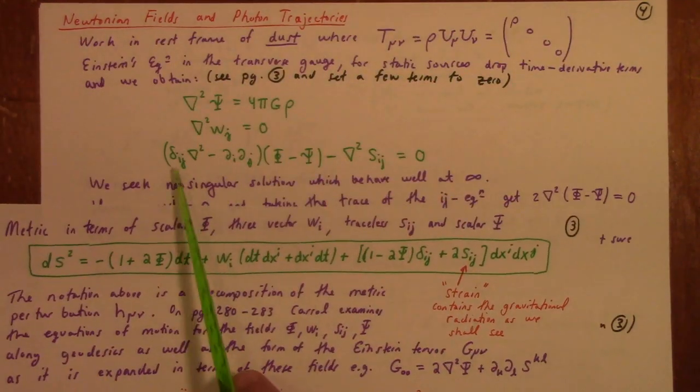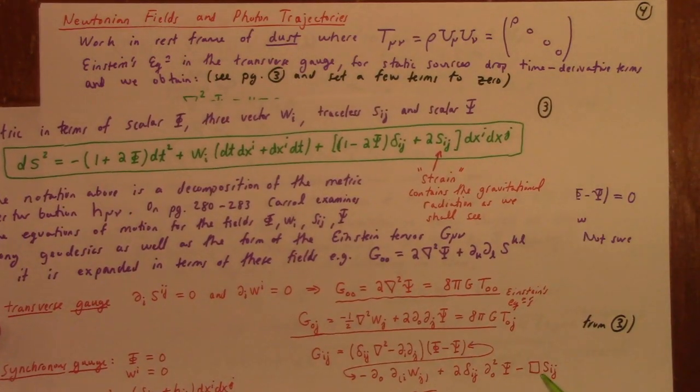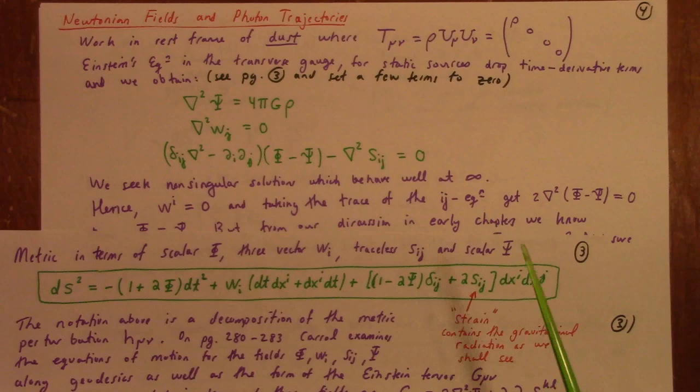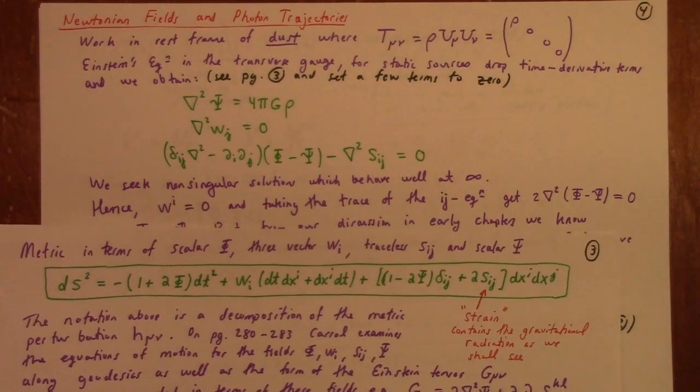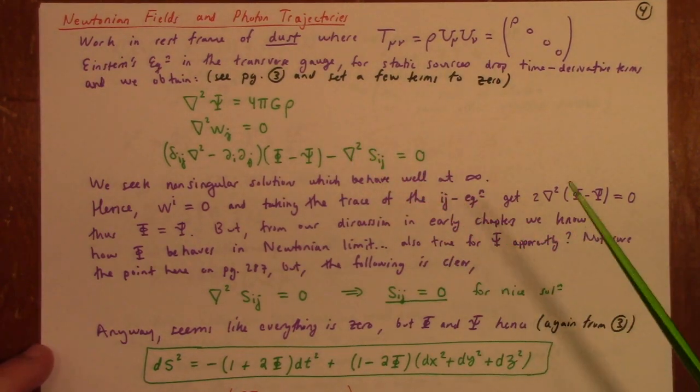So we're just keeping this term and that term. And again, the box becomes a nabla squared because we're assuming time derivatives are 0. The box has got a second time derivative as well. All right, so in the transverse gauge, Einstein's equations simplify to these.